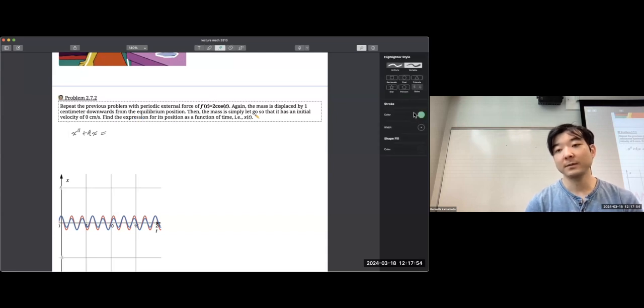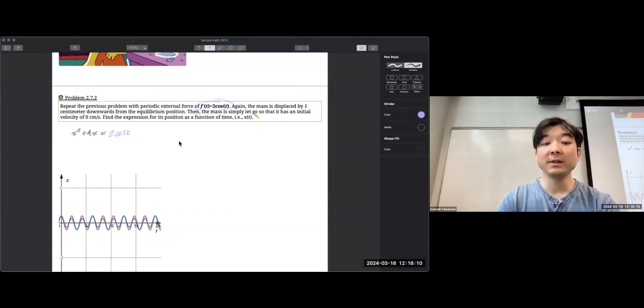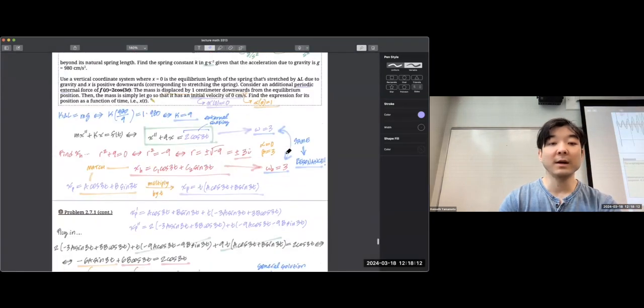So instead, I'm going to use this right here. This is what's different from before, but everything else is still the same.